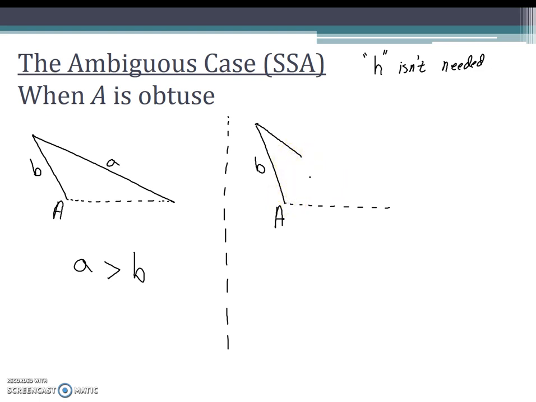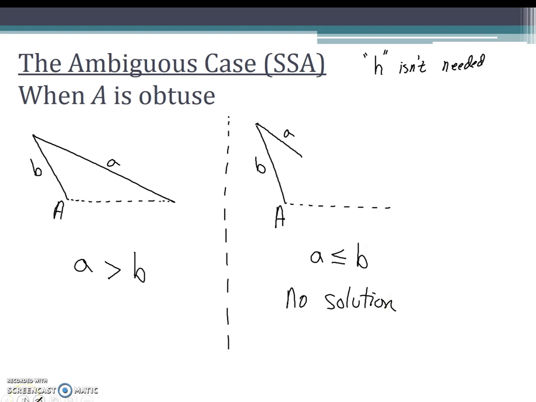So if a were equal to b, it would just lay on top of it, or it would have to come down over here if it were equal to b, and therefore then it wouldn't be an obtuse angle. So if big A is obtuse, and little a is less than or equal to b, then there is no solution to the triangle. And hopefully the visuals can help you see that.